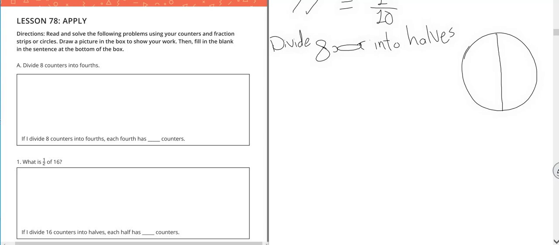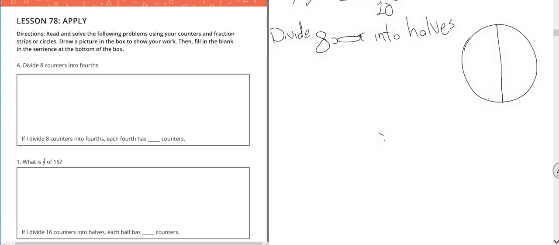Each half has how many candies? We can distribute these 8 candies among 2 halves, or 2 groups, this group and this group. 1, 2, 3, 4, 5, 6, 7, 8. So each half has 4 candies.